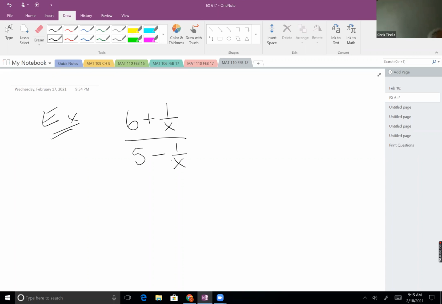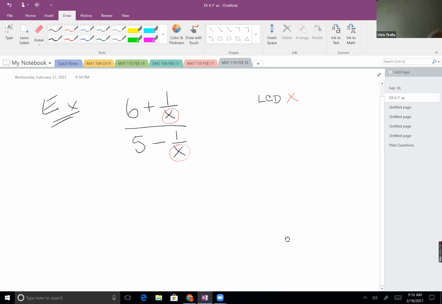And between those 4 terms, between 6, 1 over x, 5, and 1 over x, what would you say the common denominator is? Is anybody else noticing that the only denominator that I see is x? So that will be my common denominator. That decision okay for everybody?